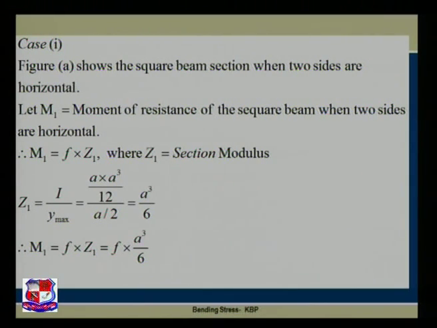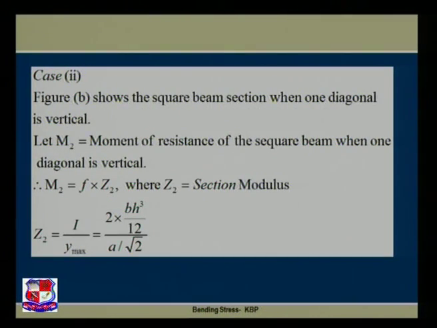Then we found M1, the moment of resistance, is equal to F into A cube by 6, as the section modulus Z is A cube by 6. Now in the second case, the moment of resistance is directly related to the section modulus, because the F which is given is the same for both sections, as the section is made of the same material.